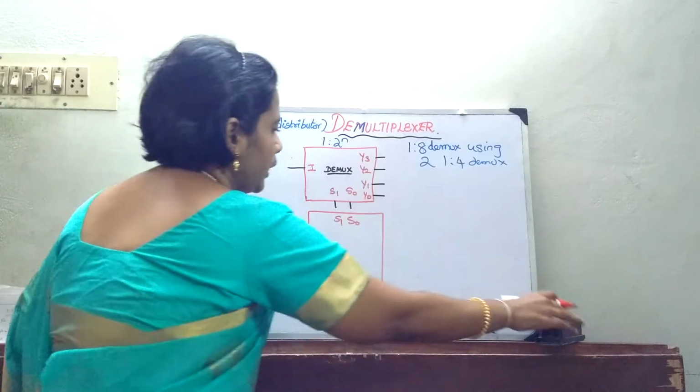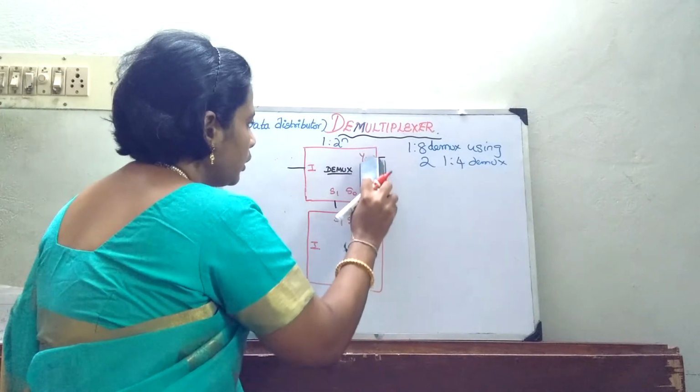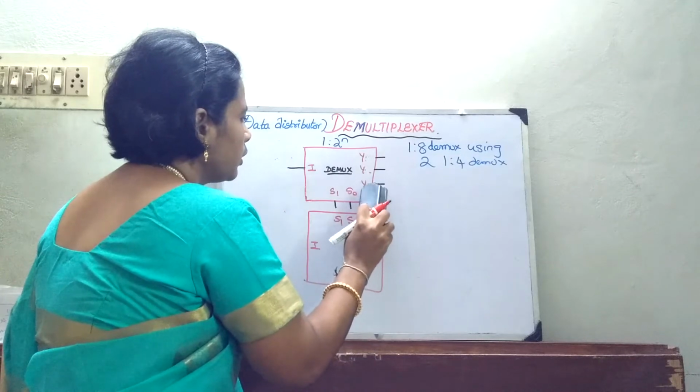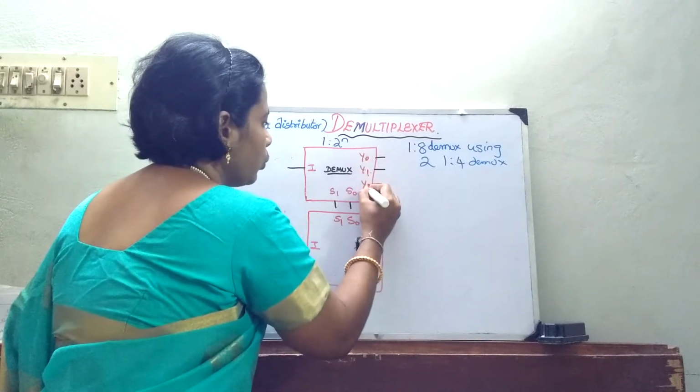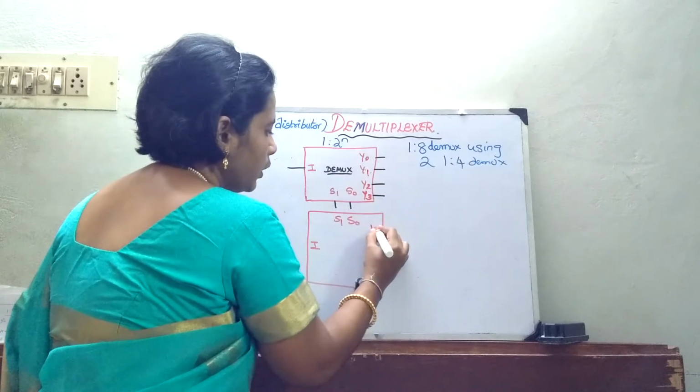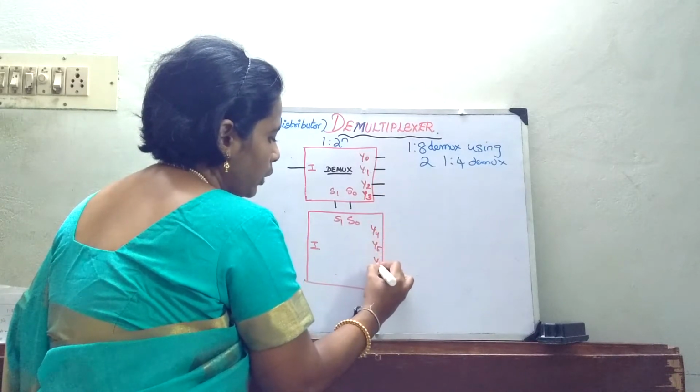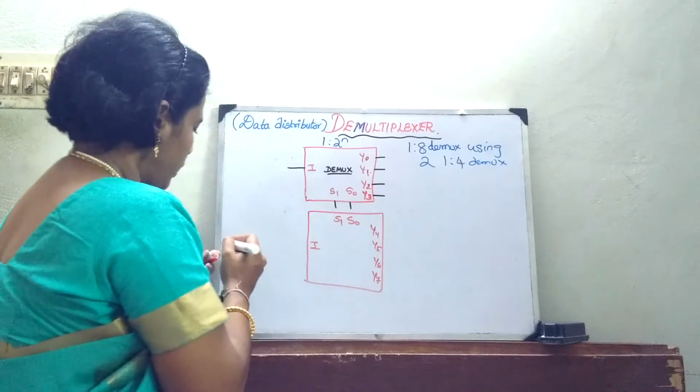I can write it in any way if you want. So Y0, Y1, Y2, Y3, Y4, Y5, Y6 and Y7.